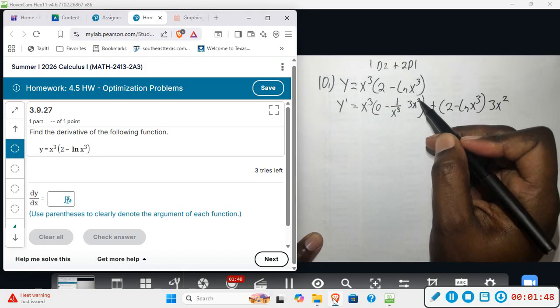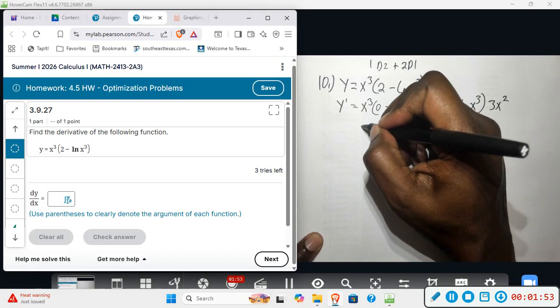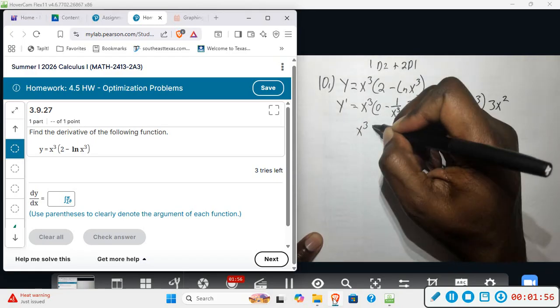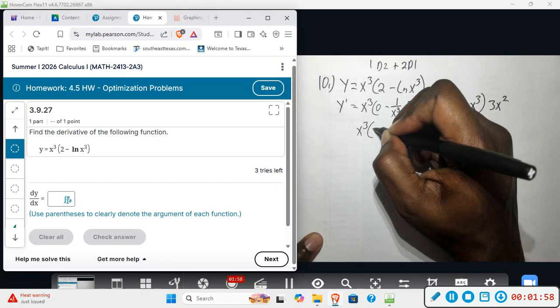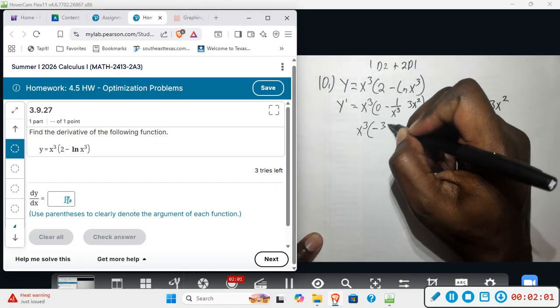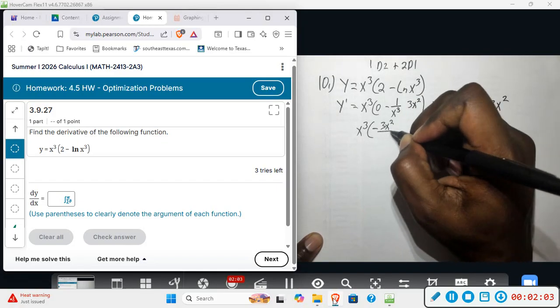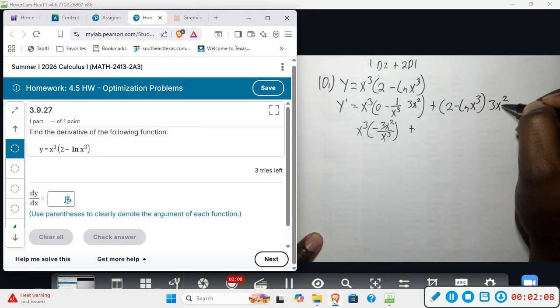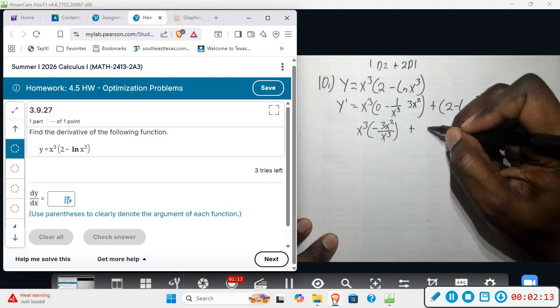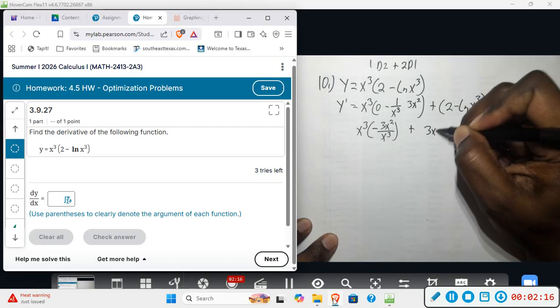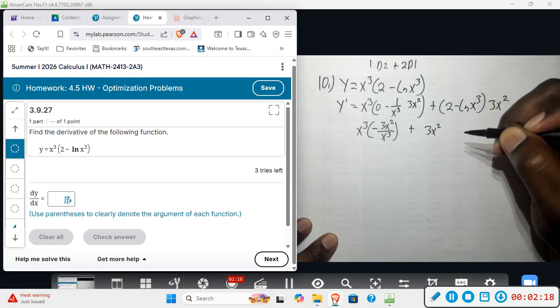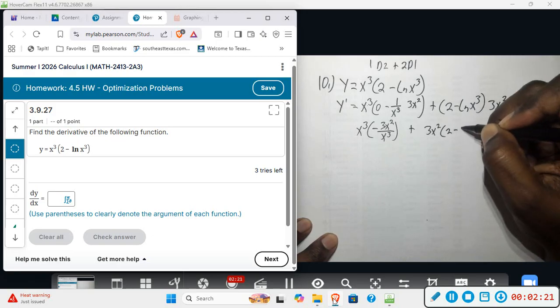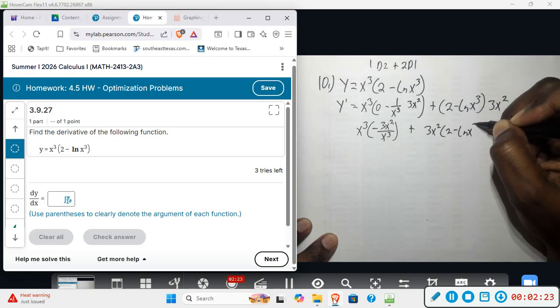All right, so when we simplify here, we will have an x to the third times, and this will be a negative 3x squared over x to the third, plus, we can distribute, or I'll just leave it here, 3x squared times 2 minus ln of x to the third.